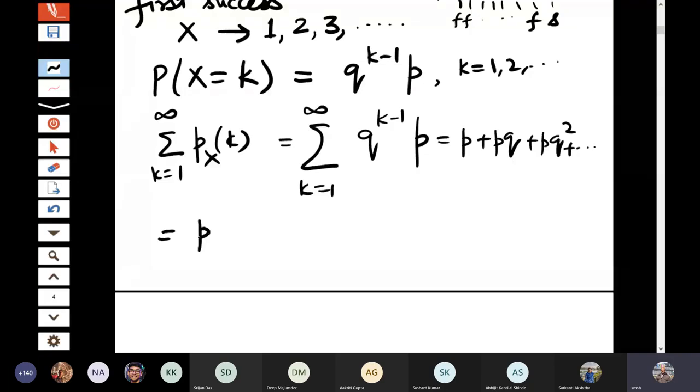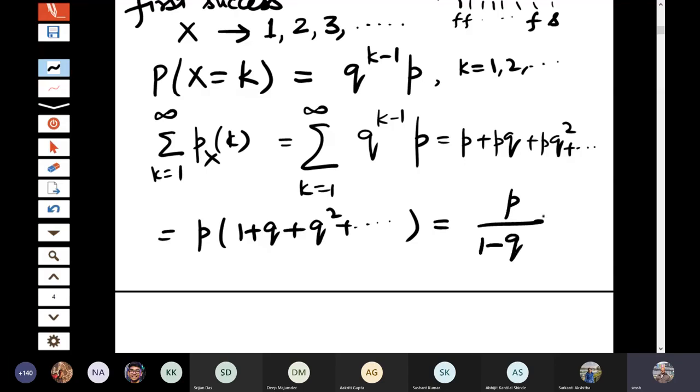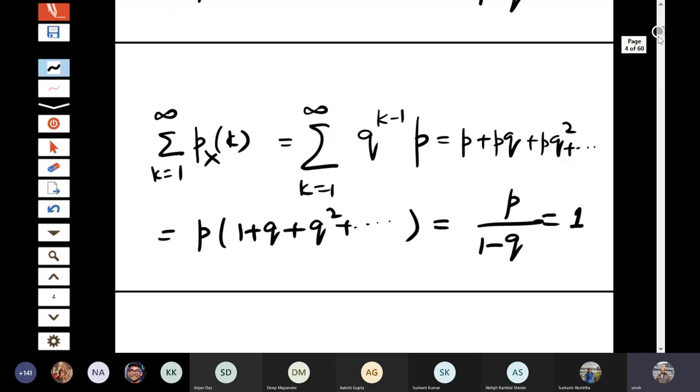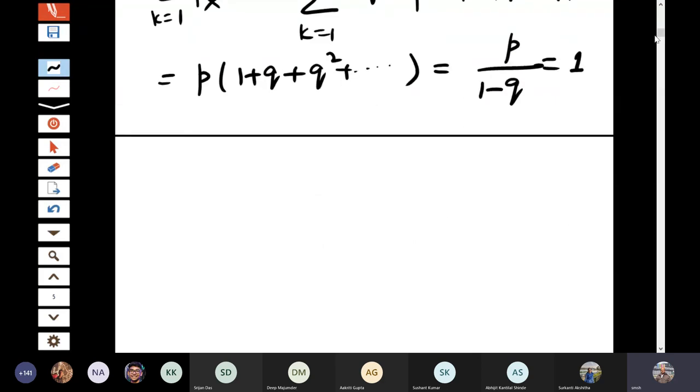So this is nothing but p into 1 plus q plus q square and so on, that is the infinite geometric series, and the sum is 1 by 1 minus q, so this becomes 1. So the sum of all the probabilities is 1. So this is a valid probability distribution. The name geometric distribution has been given because you encounter the geometric progression here as a sequence of the probabilities.